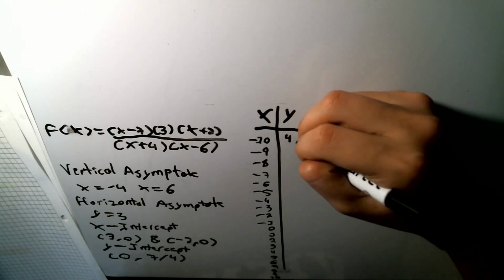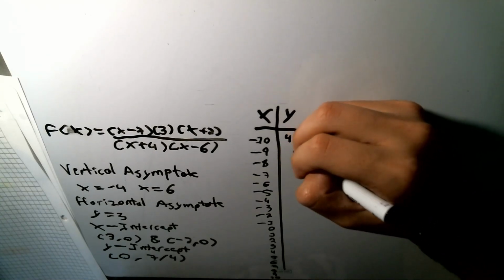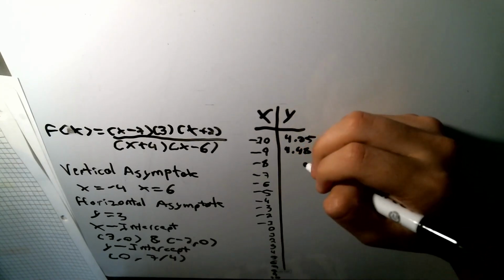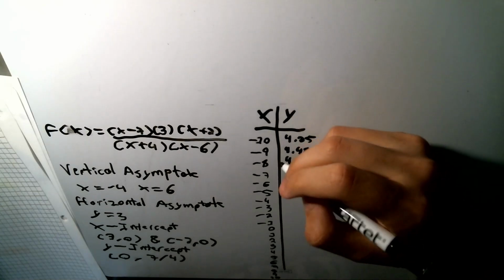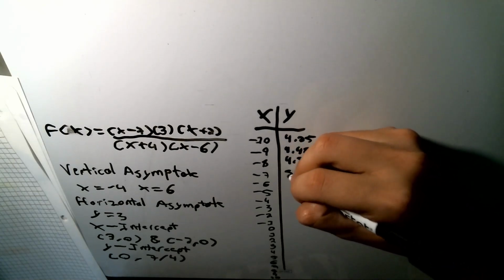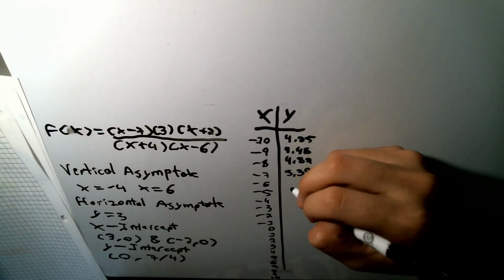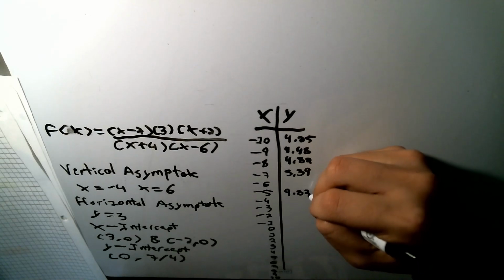Minus 10 is 4.25. Minus 9 is 4.48. Minus 8 is 4.82. Minus 7 is 5.39. Minus 5 is 9.82.